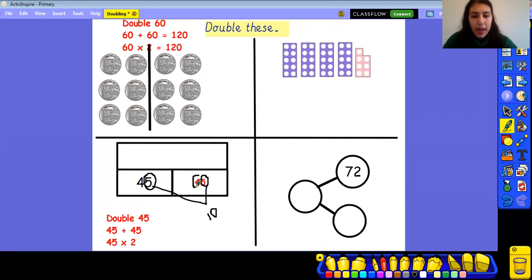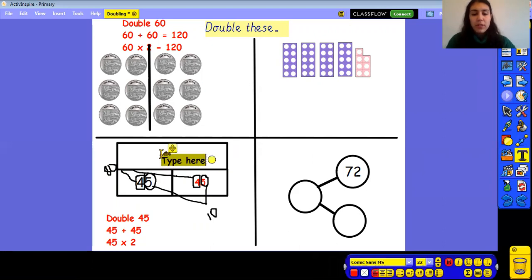And then I've got my 4 10s and my 4 10s, which is altogether 8 10s, which is 80. And then all I need to do is add those two bits together. So 80 and 10 is 90. So double 45 is 90.